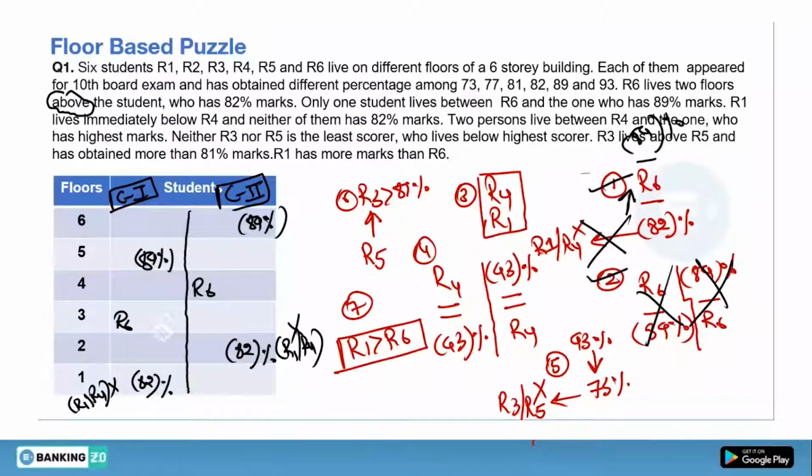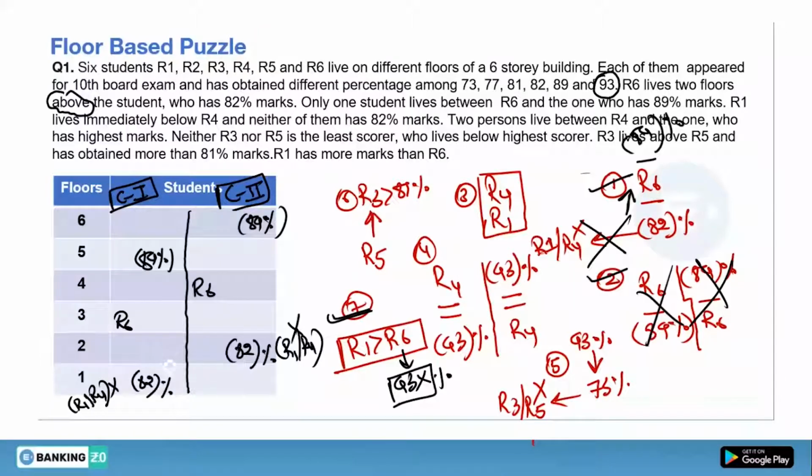If I put 93 here, R4 can go there, but in our hint number 7 we know that R1 is scoring more than R6, so R6 cannot be the 93% mark, because 93% is our highest mark. So R6 cannot be the 93% student, because R1 is more than R6.